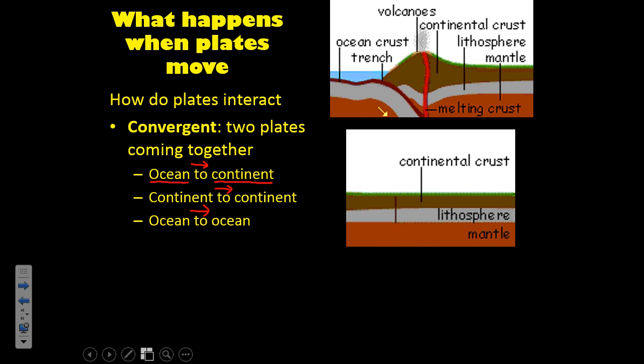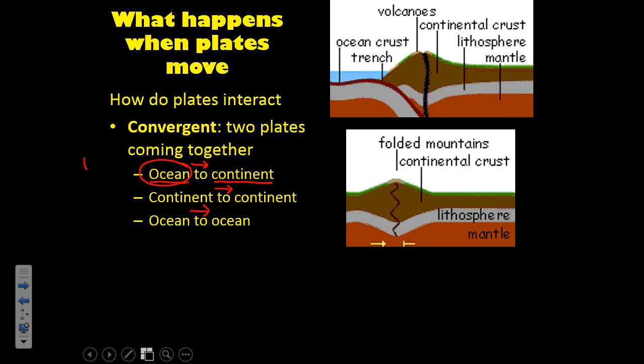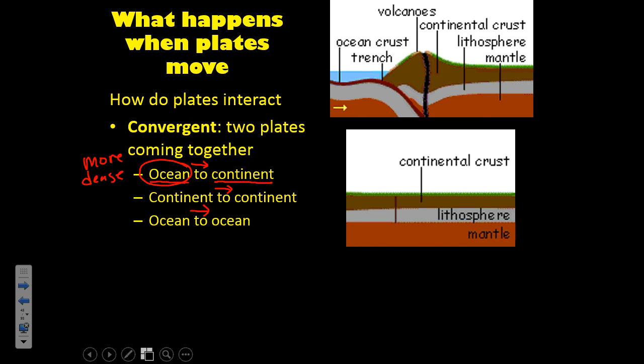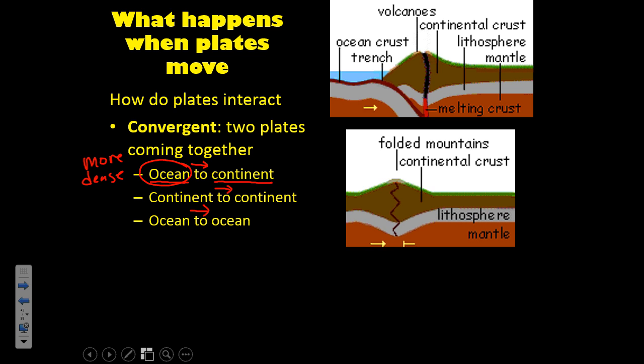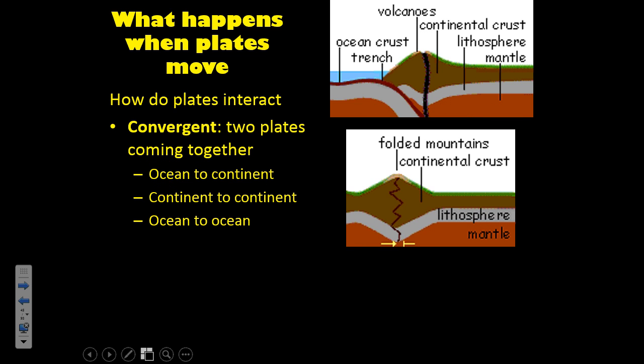So oceanic crust is more dense. So if you have something that is more dense running into something that is less dense, then the object that is more dense is going to go underneath, unless they're equal, and then one of them will just do the underneath part.